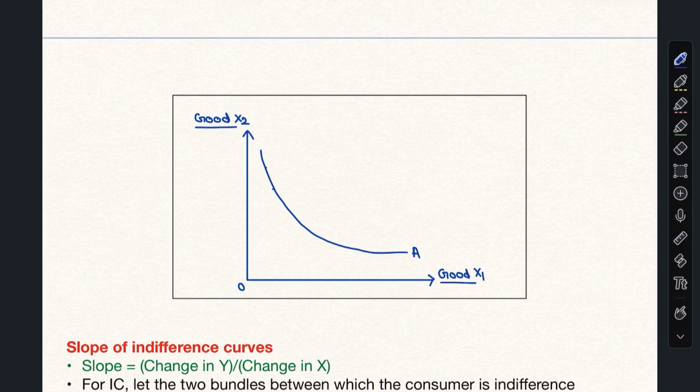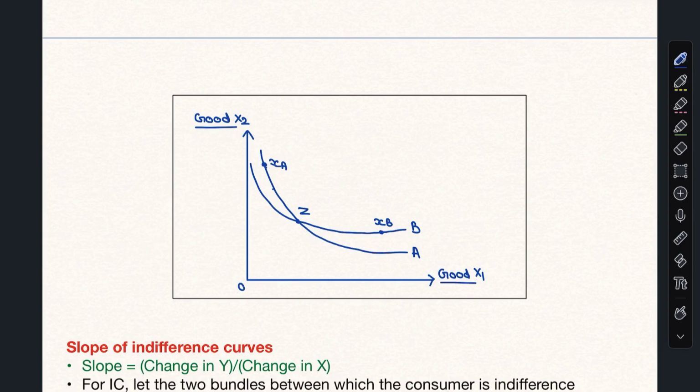Let there be another curve that intersects indifference curve A, called indifference curve B, and let Z be the point of intersection.